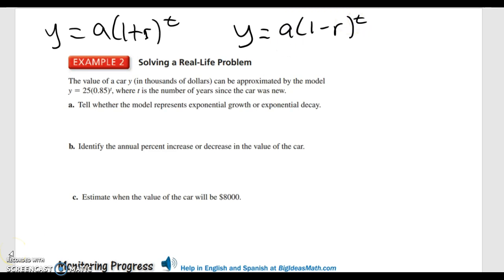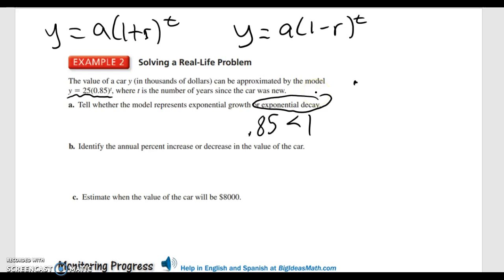So you might want to pause the video and read example 2 to begin. You can see the equation here is similar to one of the equations above. In fact, the 0.85 is smaller than 1, which means that we are looking at an exponential decay.